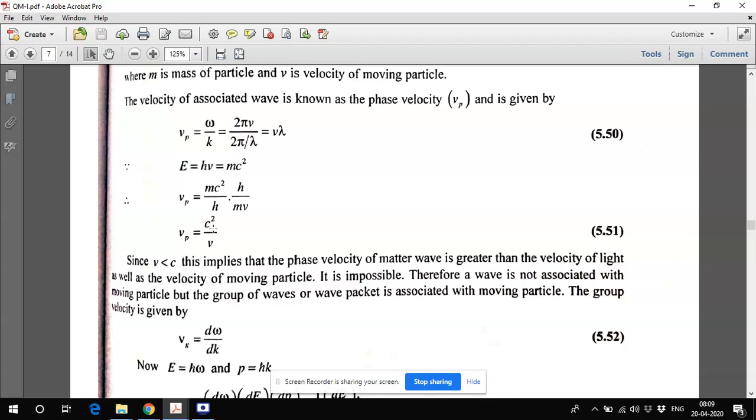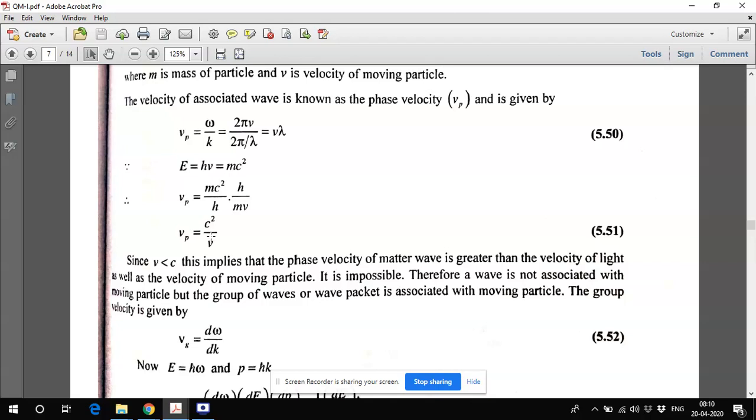And since we know all particles, all matter, can attain a maximum velocity equal to c, v is always less than c. So in c multiplied by c divided by v, this v is less than c always.